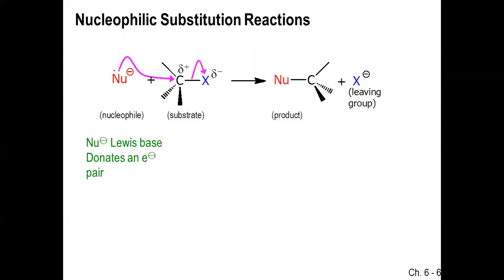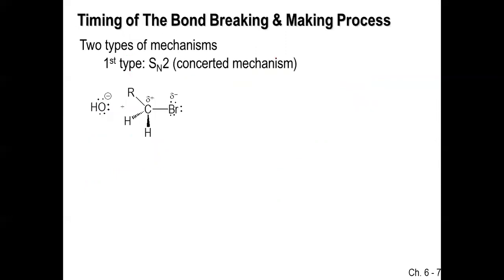Further there will be removal of the leaving group and a new covalent bond will form between the nucleophile and the carbon. Now here as we can see, there is bond breaking between carbon and halide and bond making or forming between the nucleophile and carbon. So these two mechanisms categorize the nucleophilic substitution reaction into two types.